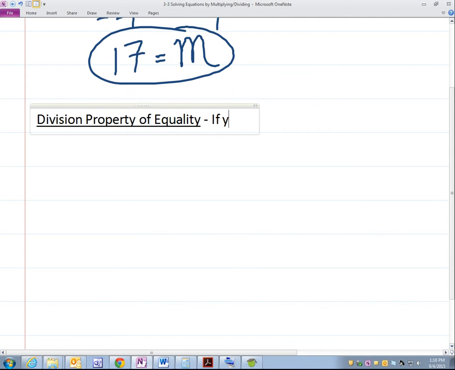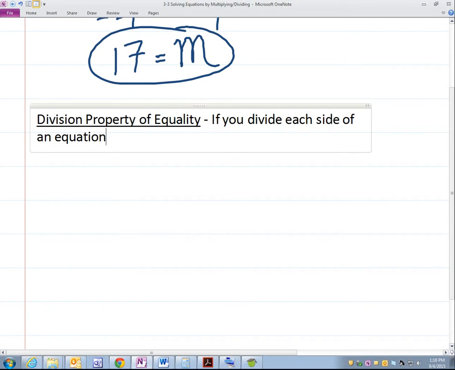And that's if you divide each side of an equation by the same non-zero number, the two sides remain equal.